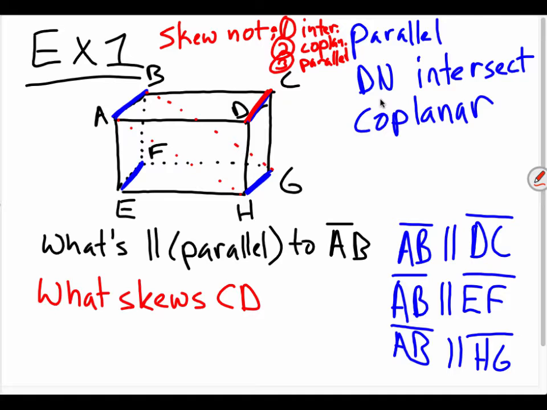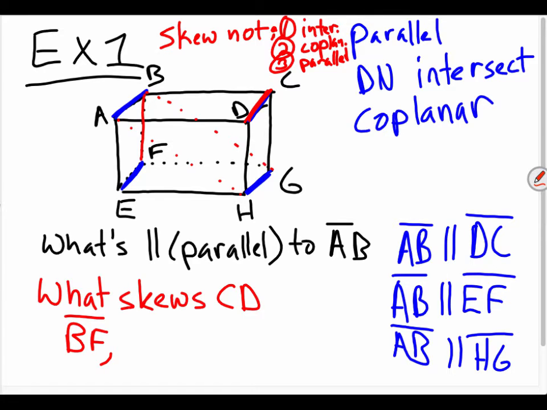All right. So now we got to look at that. Well, if this is CD, right, does BF intersect it? No. Is it in the same plane? No. Is it parallel? No. All right, good. BF is 1. All right.